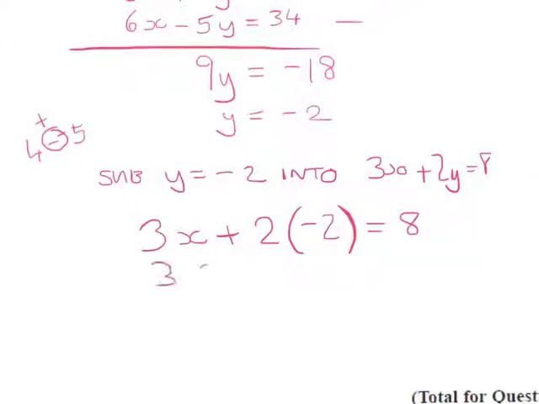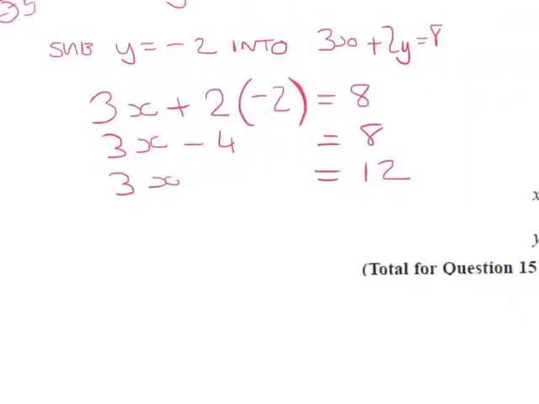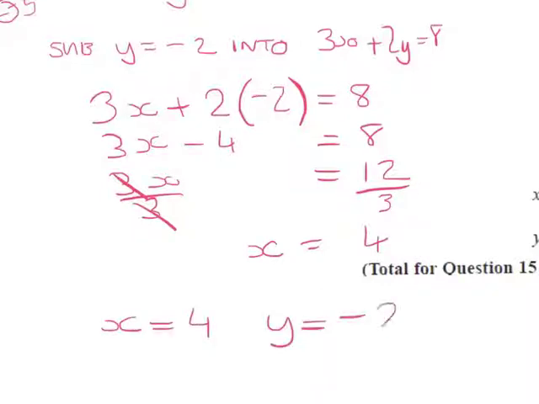Okay, that's 3x take away 4 equals 8. If we solve this equation now, add the 4 to both sides, we've got 3x equals 12, divide by 3, cancel the 3's out, x equals 4. Okay, so our solution is x equals 4, y equals negative 2.